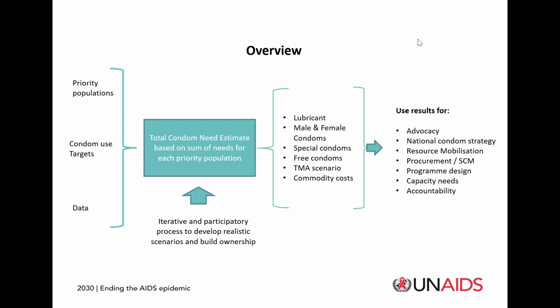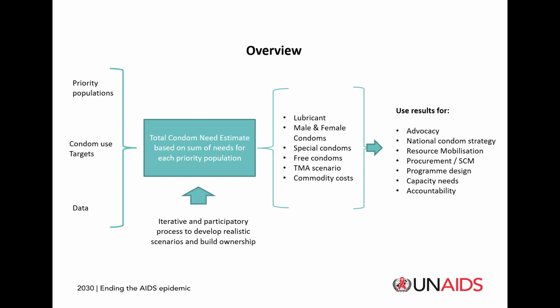We pride ourselves that the setting of population-specific targets, that Clemens was just referring to, is something the Condom Tool was a bit of a front runner in. Based on that, and a process at country level that is owned by the country and a partnership of a multi-stakeholder working group, you conduct the total condom needs estimate for your country based on the sum of needs of each of the priority populations. And that gives you an overall estimate for your condom needs.